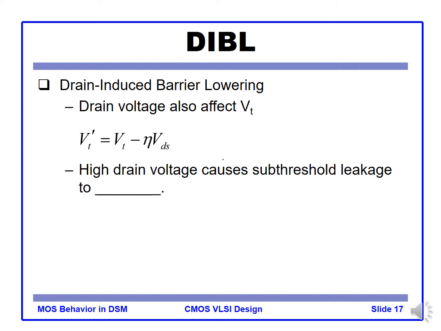DIBL effect. DIBL is drain-induced barrier lowering. So actually, the drain voltage also affects the VTH. The threshold voltage also depends on the VDS. So higher VD lowers the threshold voltage.